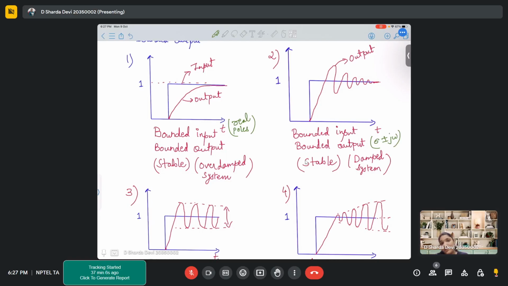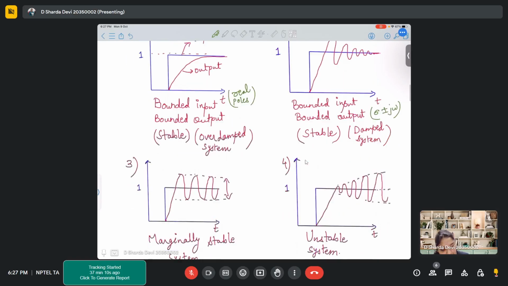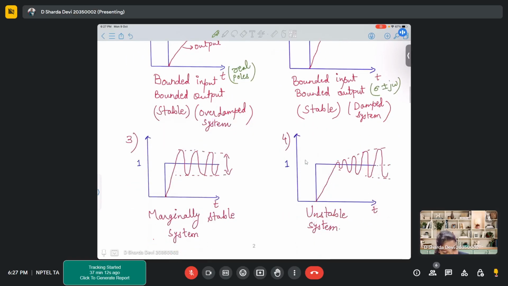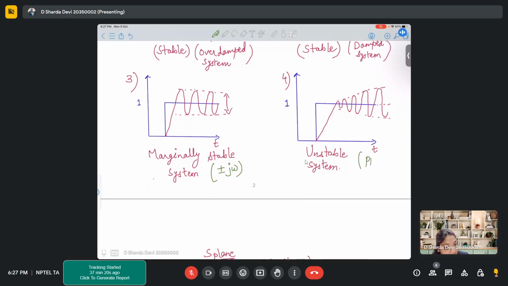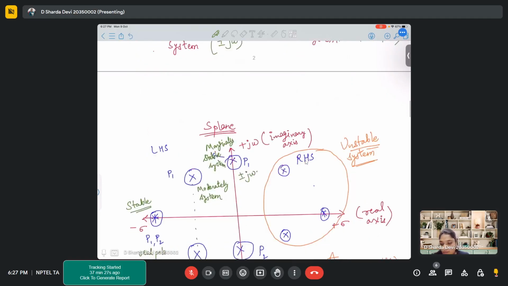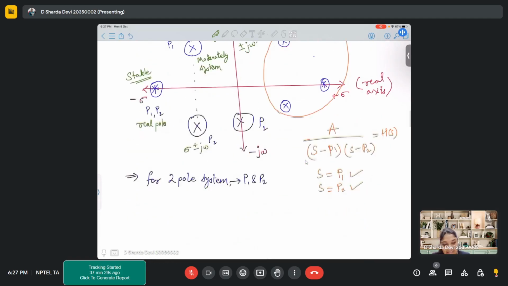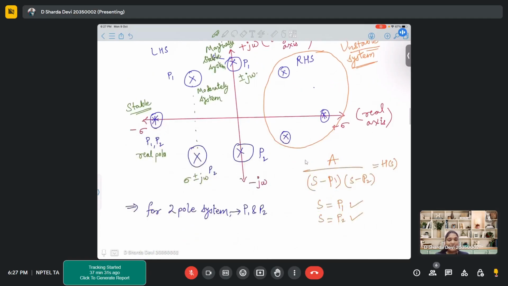It is stable, but less stable compared to the real poles. And the marginally stable system will have poles of the form j omega, which is only the imaginary part, and these have RHS poles. Okay, so this is how the pole-zero distribution looks.